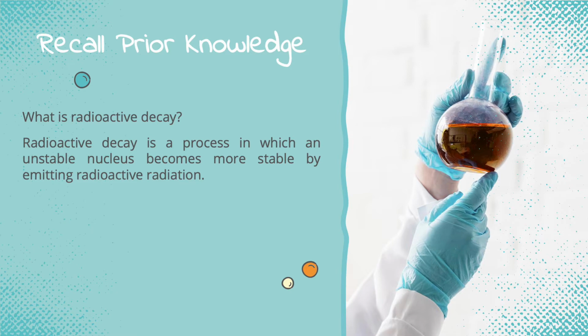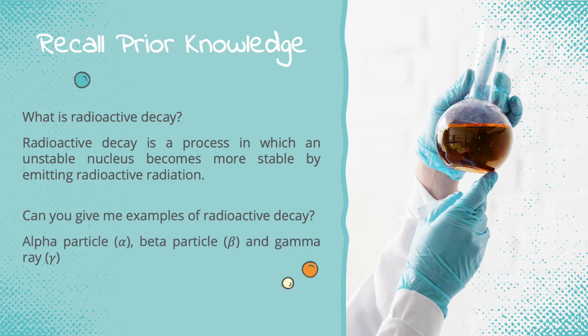Good, if you still remember. Next, can you give me an example of radioactive decay? There are three examples of radioactive decay, such as alpha particle, beta particle, and gamma ray.